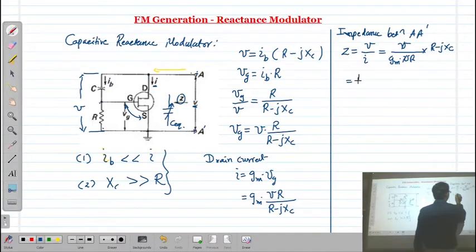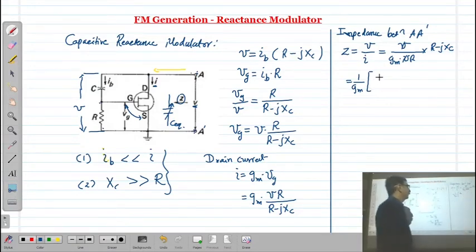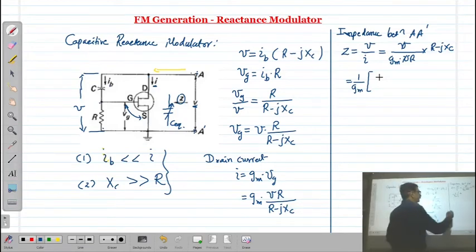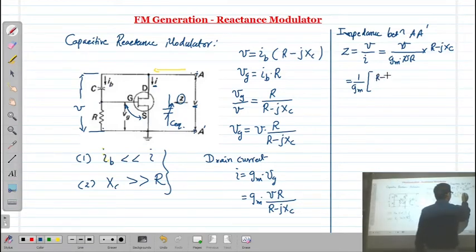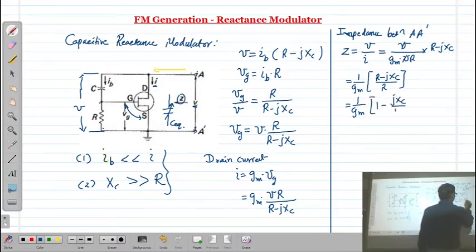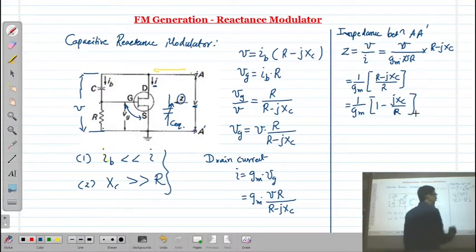Then we can write 1 upon Gm outside the bracket, then (R minus jXC) divided by R. And I can write 1 upon Gm into bracket (1 minus jXC by R).